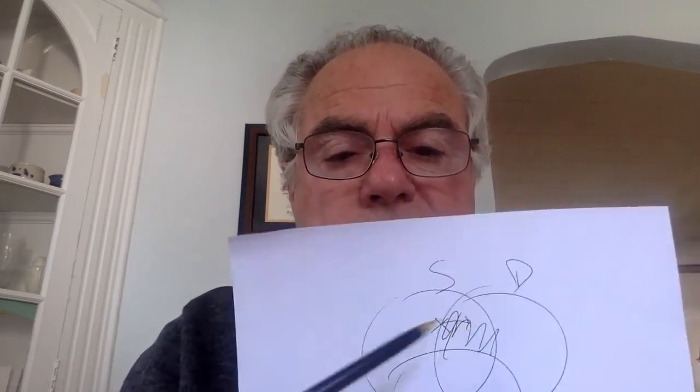It's crossed out. So you can't put an X over top of anything that's crossed out. Okay, so it just takes practice.